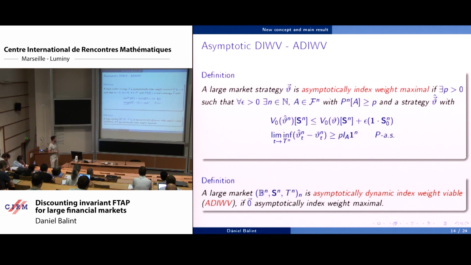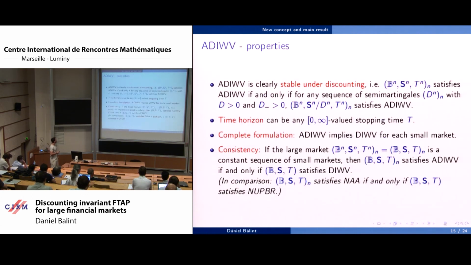And then viability is very simple again. We say a large market satisfies asymptotic viability if the zero strategy is asymptotically maximal. This concept has some favorable properties.